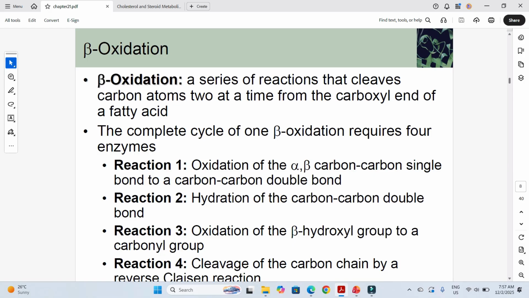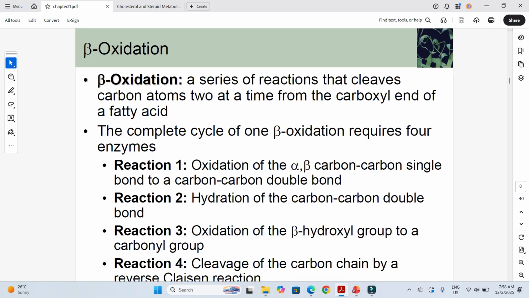Beta oxidation of fatty acids is an aerobic process in the sense that the reduced equivalents as well as the acetyl-CoA generated from the oxidation are oxidized in the electron transport chain and in the citric acid cycle. Beta oxidation is a series of reactions that cleaves carbon atoms two at a time from the carboxyl end of a fatty acid.